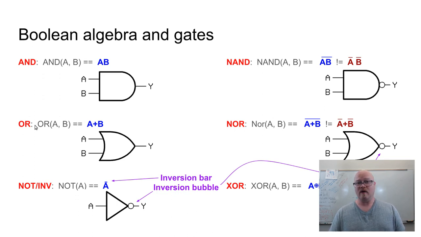The OR operation, which takes two inputs or more, you're going to see represented as algebraic addition. So the plus symbol means OR in a Boolean expression. And the digital logic diagram for it often looks a lot like the AND, but the primary difference is at the input end.